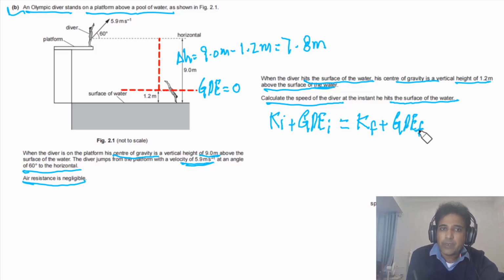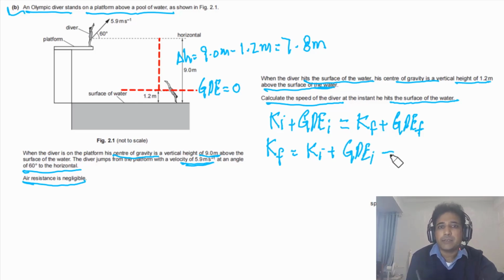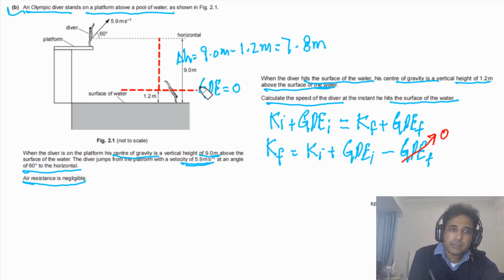So we can write kinetic energy final will be equal to kinetic energy initial plus GPE initial minus GPE final. But GPE final is equal to 0 because we have defined this as the reference level and GPE at this point is equal to 0.